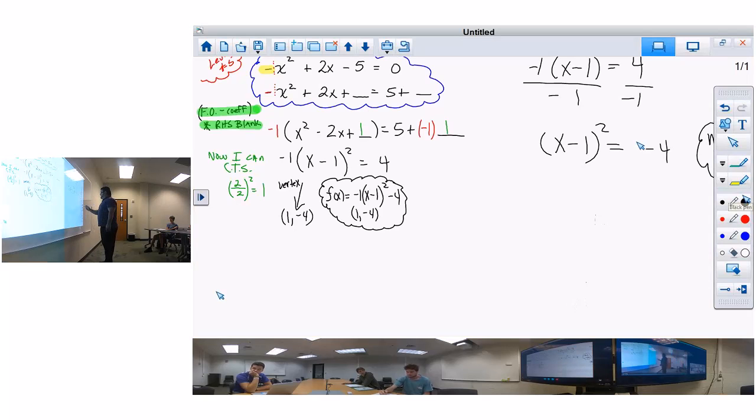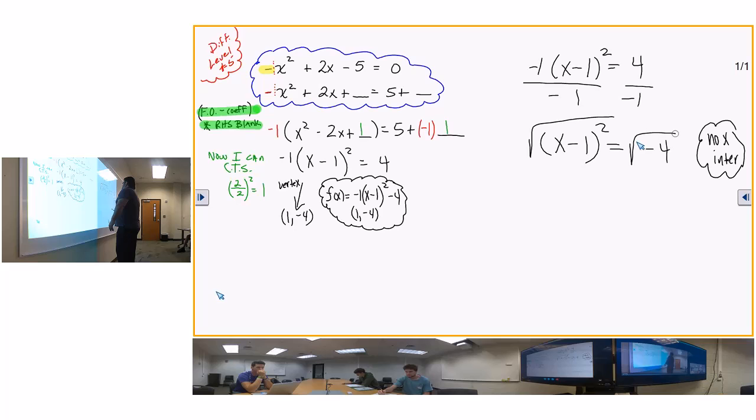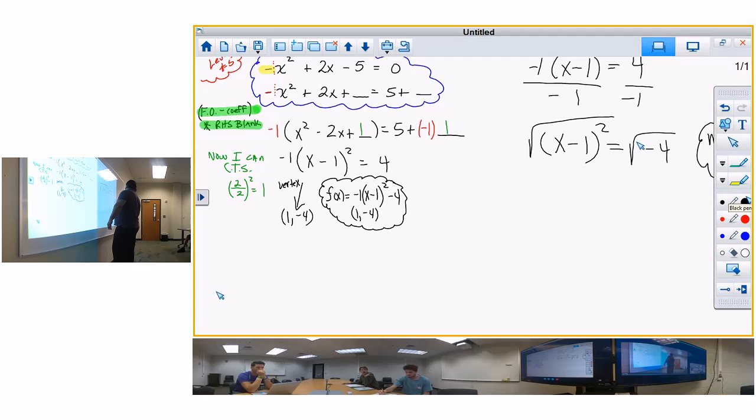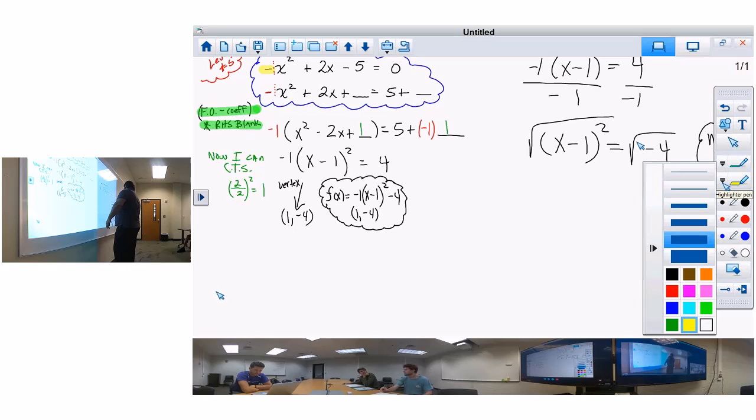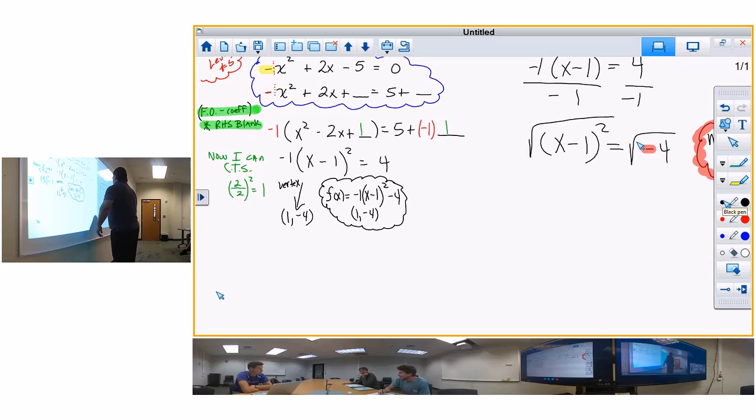So, an i. I'm going to take the square root of both sides, and I'm going to highlight this in red, knowing I don't usually highlight in red. That negative right there means no x-intercept.